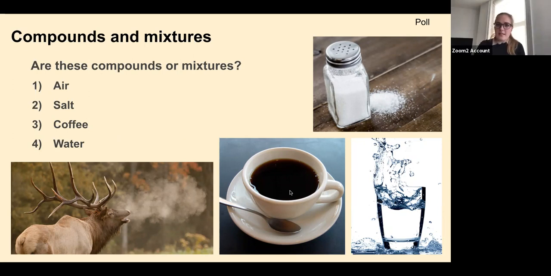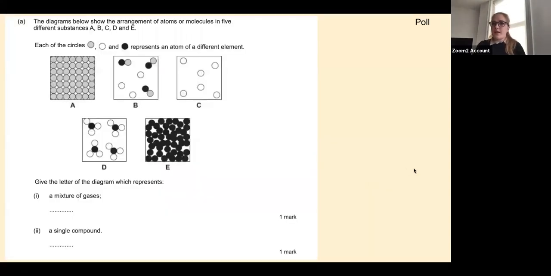So let's move on to another question for you guys to look at. So this is an example of how this topic would be assessed in an exam. So this is a sample exam question that you guys can look at. So I have some particle diagrams here. And I'd like you guys to tell me which of these diagrams is showing a mixture of gases and which is showing a single compound. So if I could have this next question up, Miss McGinley.